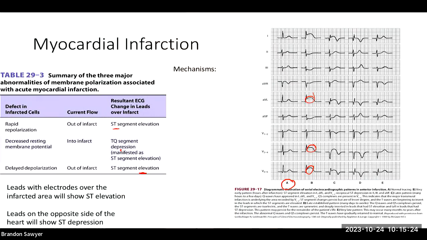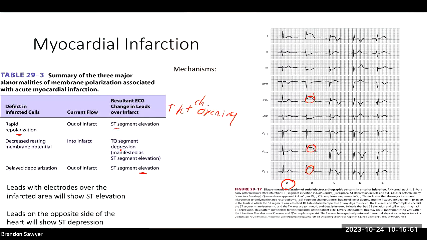So we see the mechanism there for causing that early phase ST segment elevation is rapid repolarization, which is caused by increased potassium channel opening. Okay, so this is kind of happening seconds after the artery gets blocked.